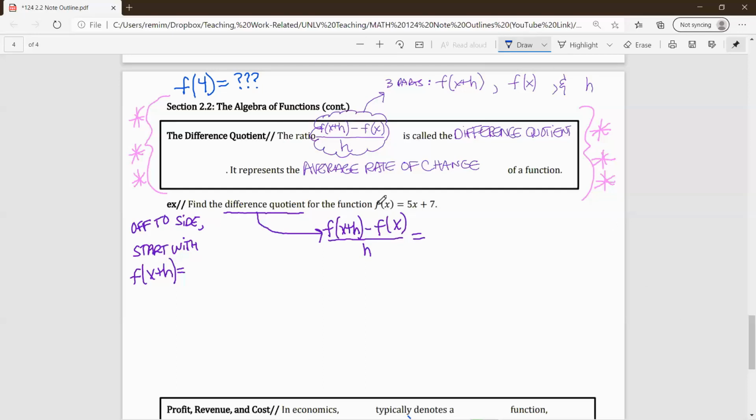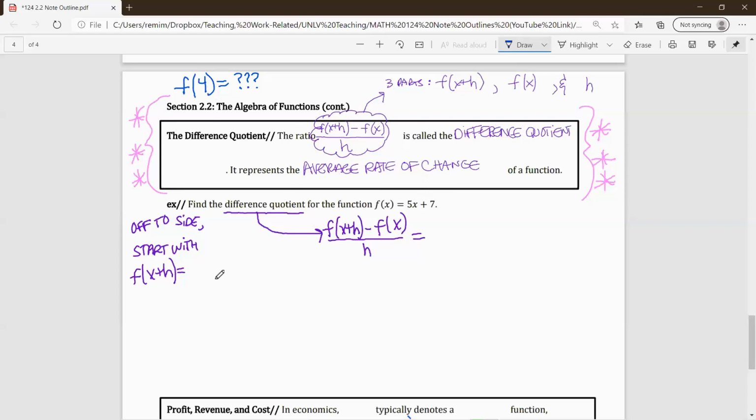Well, f of 4 means you just take the number 4 and plug it into this function. You would do f of 4 equals 5 times 4 plus 7. You're literally just replacing this x with the number 4.